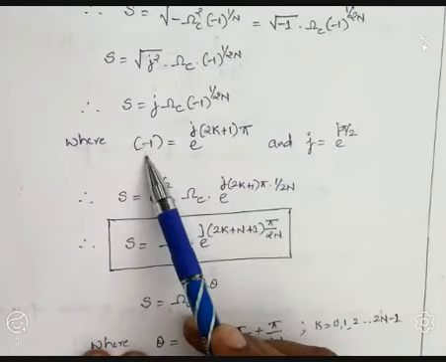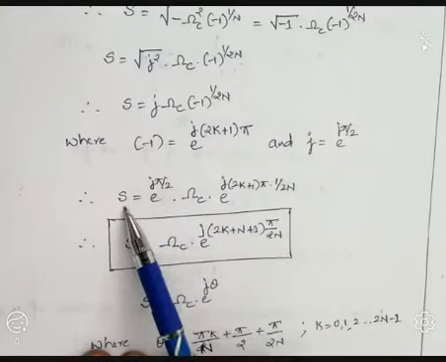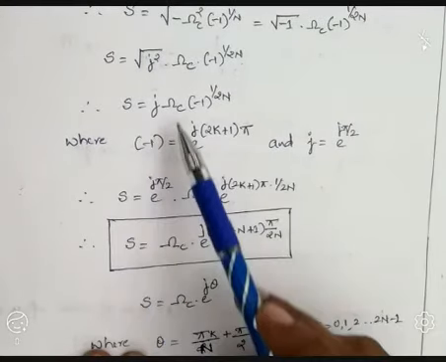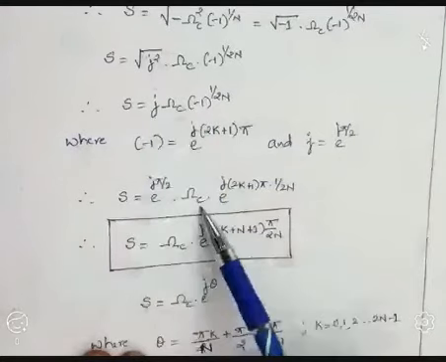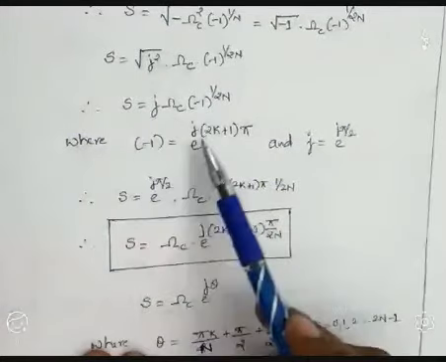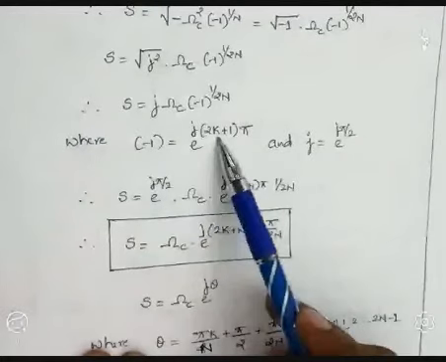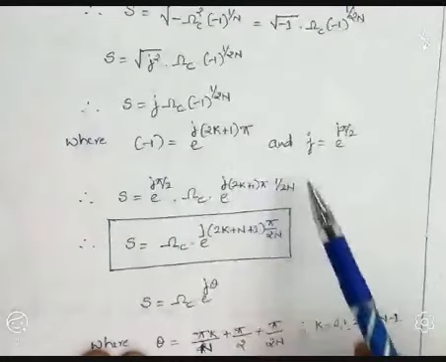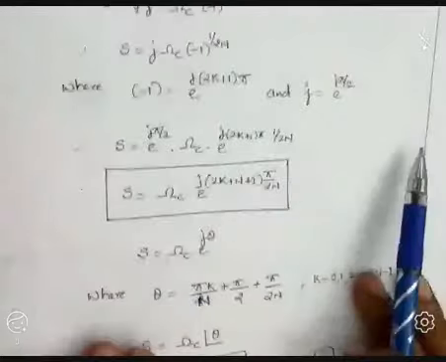So, these two things I am going to substitute in this equation. Hence, this equation becomes s equal to j, that is e to the power j pi by 2, omega c, as it is, minus 1, which we took as e to the power j 2k plus 1 multiplied by pi, and left with what? 1 divided by 2n. Hence, let us take the power terms common.